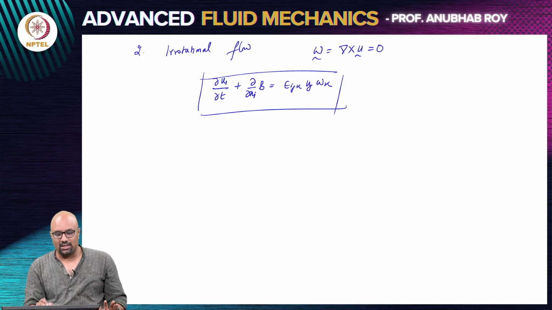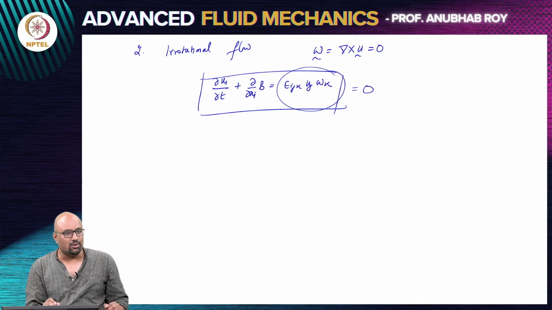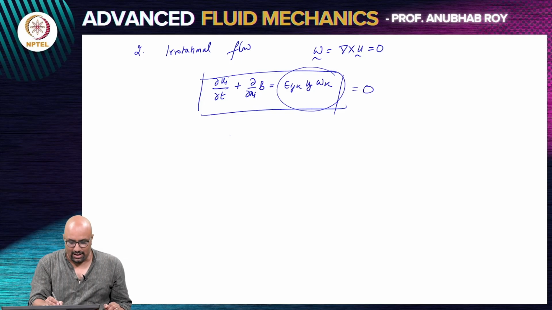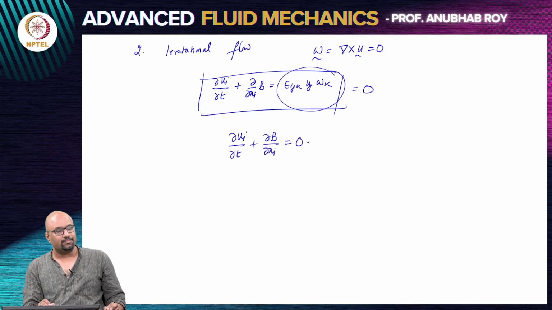Now, if you say that the problem is irrotational, there is no vorticity in the problem, it is 0 everywhere, then the right hand side becomes 0. The right hand side becoming 0 means that ∂u/∂t plus ∂b/∂xi is equal to 0.